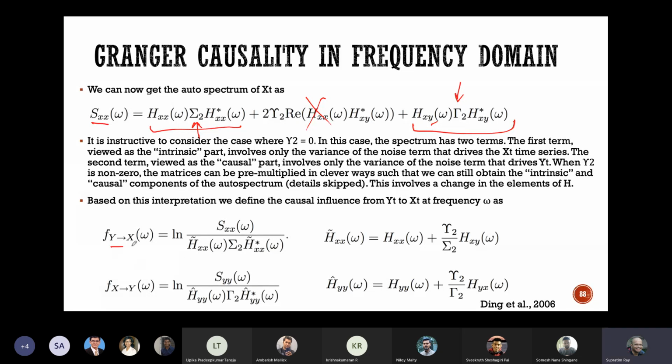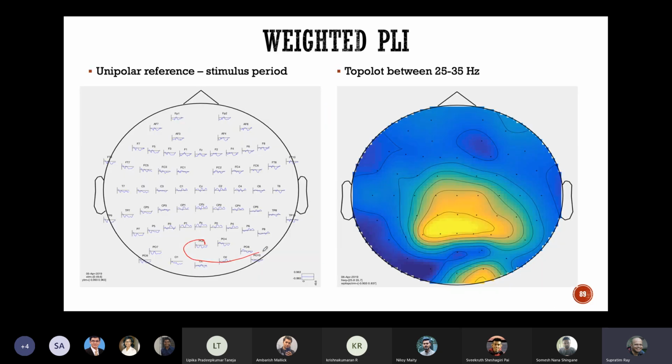So my spectral Granger causality, the influence of Y on X, is simply the total energy divided by the intrinsic part, is this term here. Sorry, not this part. It's actually this part. Sxx is this thing, and this part is the self term.